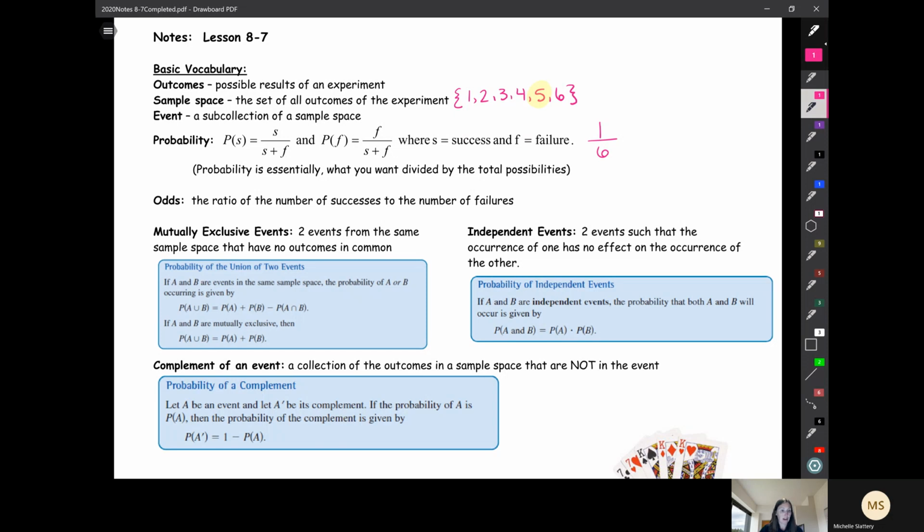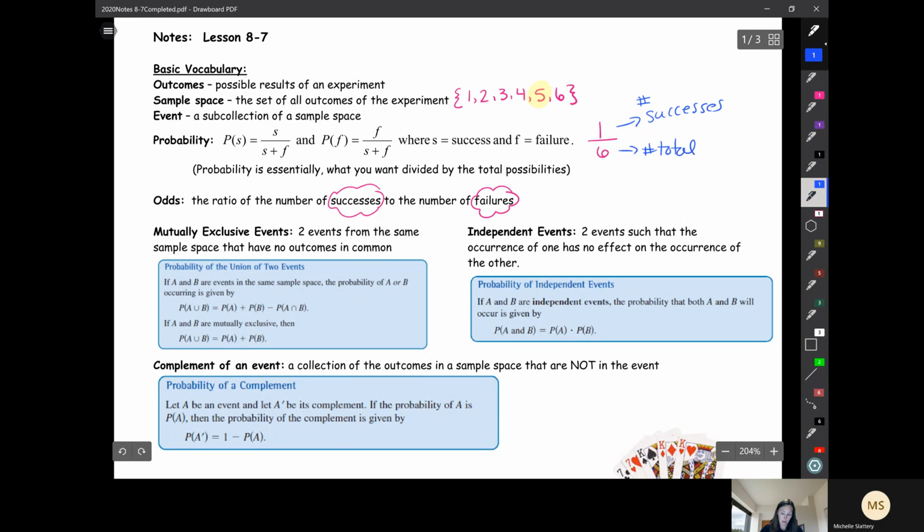All right, now the odds is going to be the ratio of the number of successes to the number of failures. So if this is my probability, then 1 represents the number of successes, and 6 represents the total.